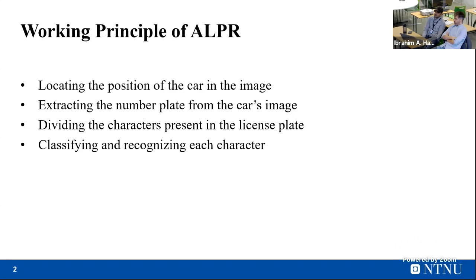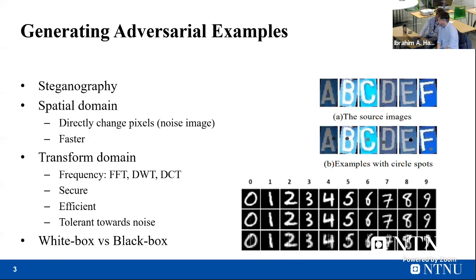The working principle is like the previous examples: we first locate the position of the car in the image, then extract the number plate from the car's image, divide the characters present in the license plate, and then classify and recognize each character. Here you can see how we generate adversarial examples.